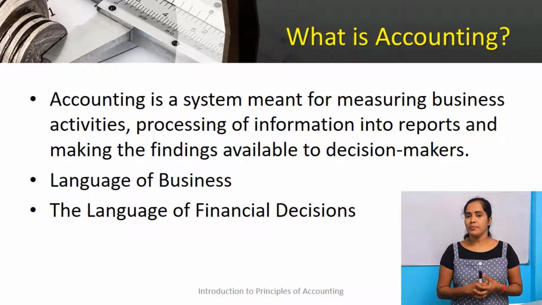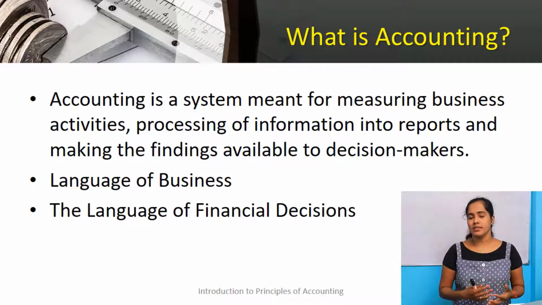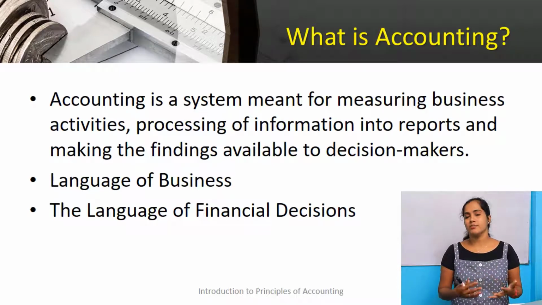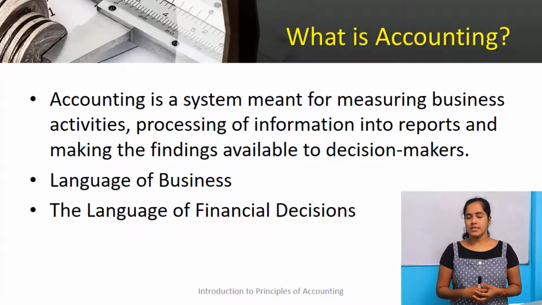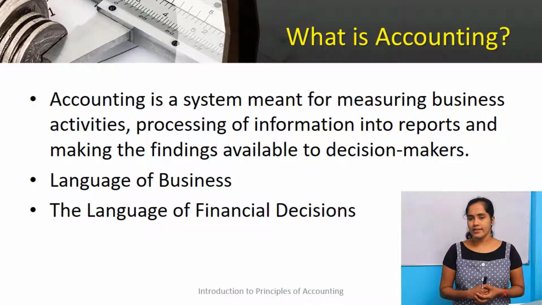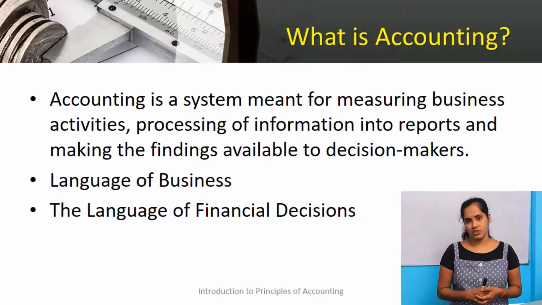If people need to take economic decisions, for example, an investment decision, or whether to supply goods to a particular organization or not, or whether to buy goods from an organization or not, all these decisions are known as economic decisions. This information helps to make financial decisions. Therefore, it is also known as the language of financial decisions.